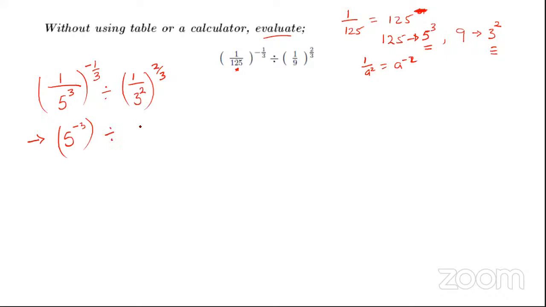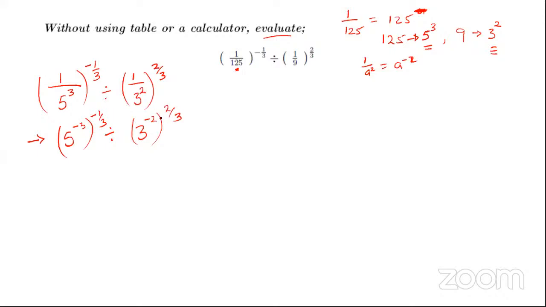So that's how we are coming to this point here. Still, we are doing divide by 3 to the power of negative 2 into brackets 2 out of 3. Okay? So this is a power of negative 1 out of 3. Still, we follow the same thing. When we have a number raised to another power, what do you multiply?